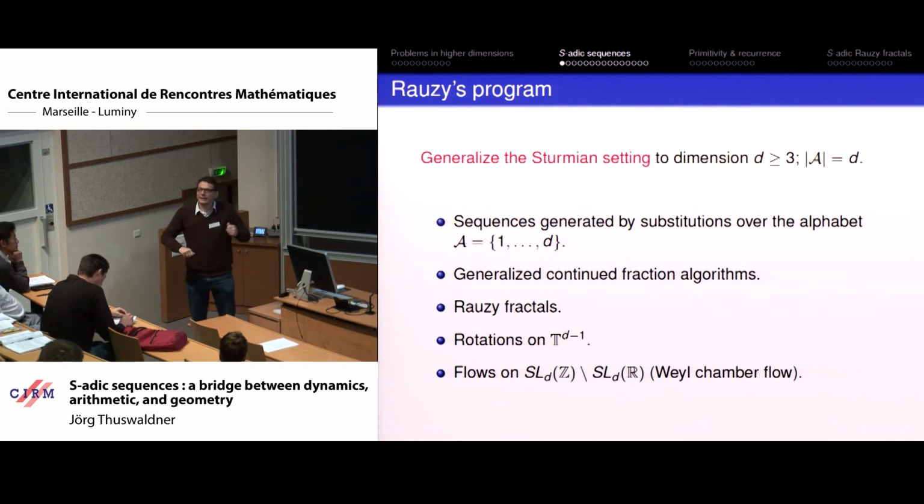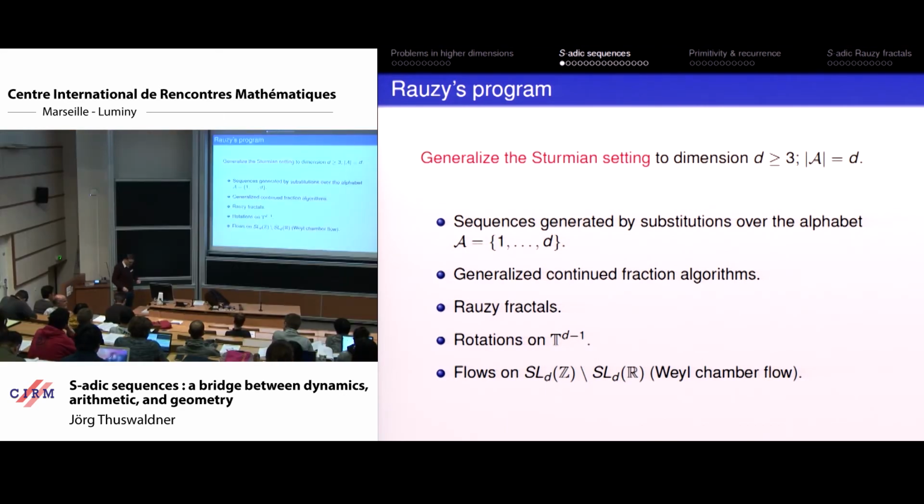So instead of restacking boxes, we restack 2 times Rauzy fractals. This is the ultimate goal, but I will not get that far. The main thing I want to do, at least to some extent, even here I don't know how far I will get, is to show you this correspondence between S-adic sequences and rotations on the 2 torus, or on the d minus 1 torus.